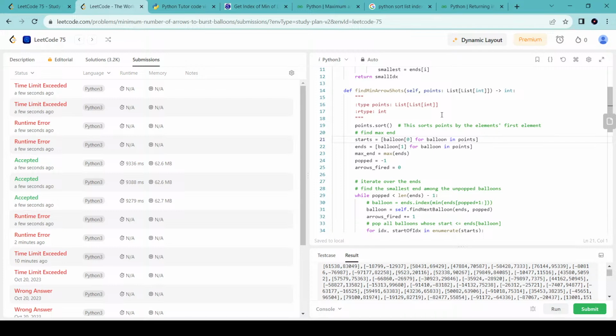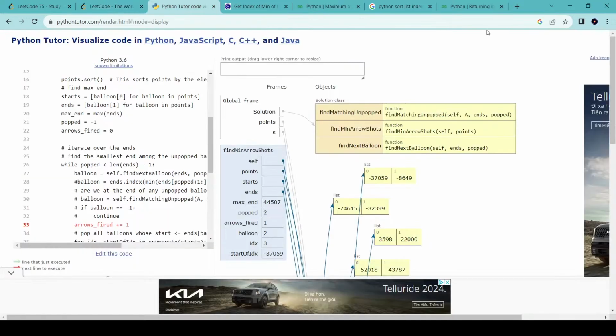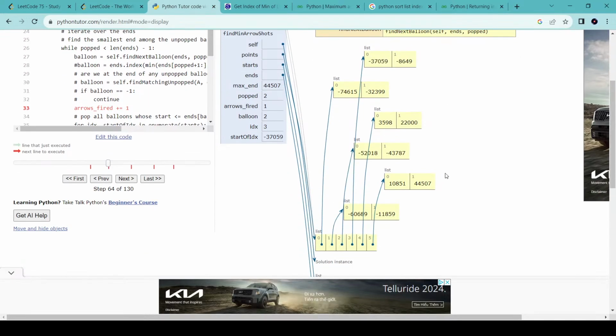Instead, the way we're going to do it is we are going to take ends. Okay, so starts is sorted, right? Because we sort all the balloons, the points are sorted, so starts is guaranteed sorted. Ends is not sorted. Ends is a little bit jagged. You can see here, ends is minus 8642, and then minus 11, and then it goes to number 3, which is minus 40,000.